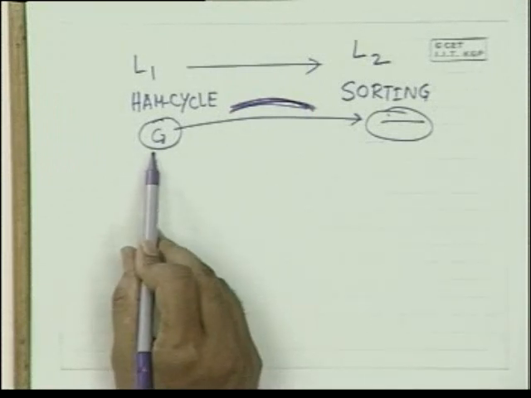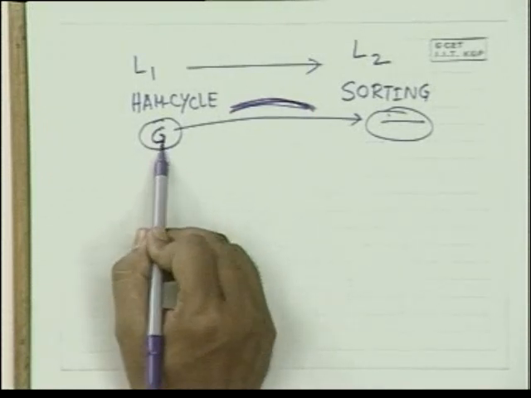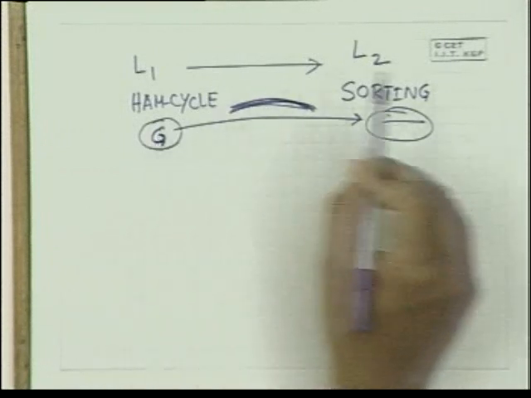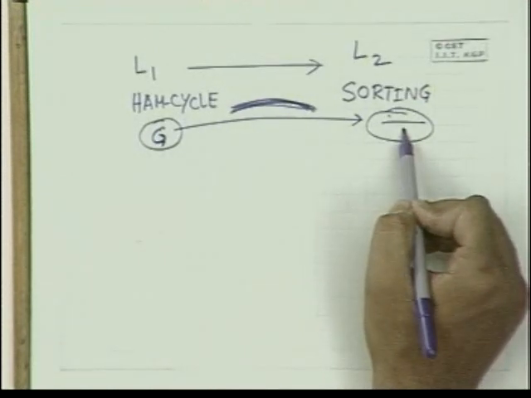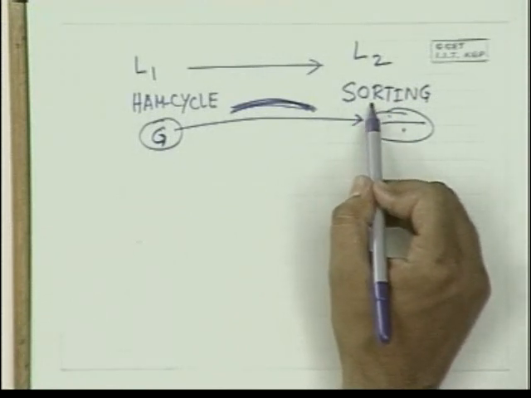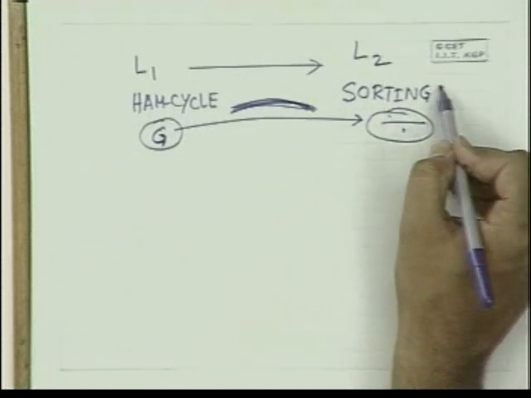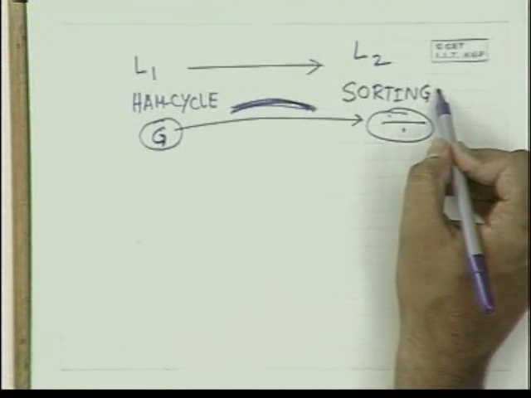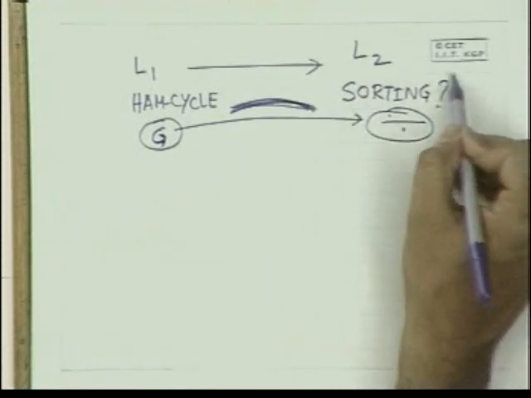Then it is saying if G is Hamiltonian, then its corresponding transformation here, sorry, I cannot take the problem of sorting here because I have to take a decision problem. So let's say whether some sequence is sorted or not. That's the decision problem.